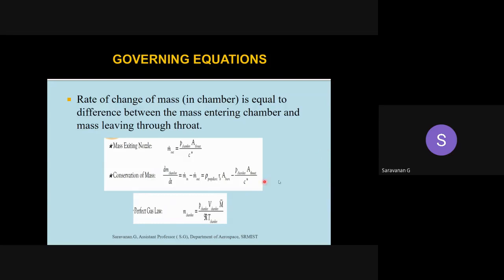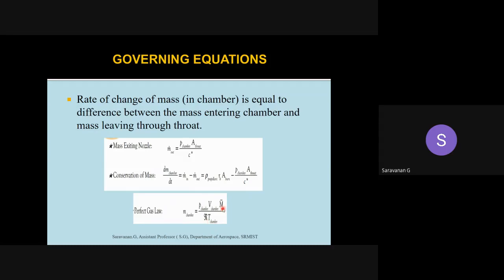According to that basic law, the perfect gas law is related to the solid propellant again, with the same concept: PV equal to MRT. Using the same formula, PV equal to MRT, where P is the chamber pressure, V is the volume of the chamber, R is the gas constant of the gas, and T is the chamber temperature.